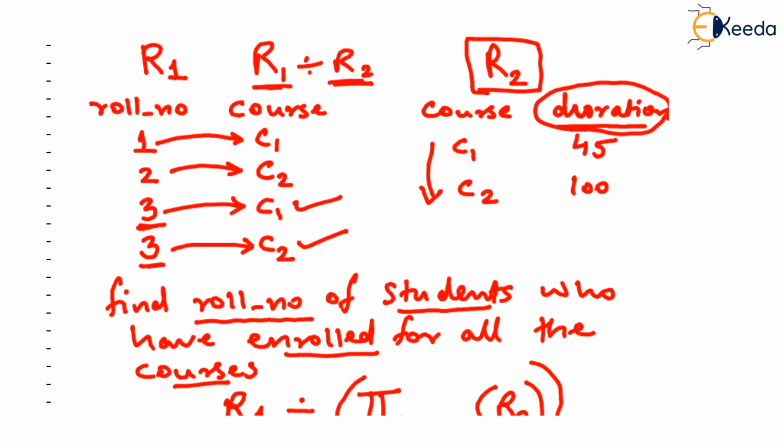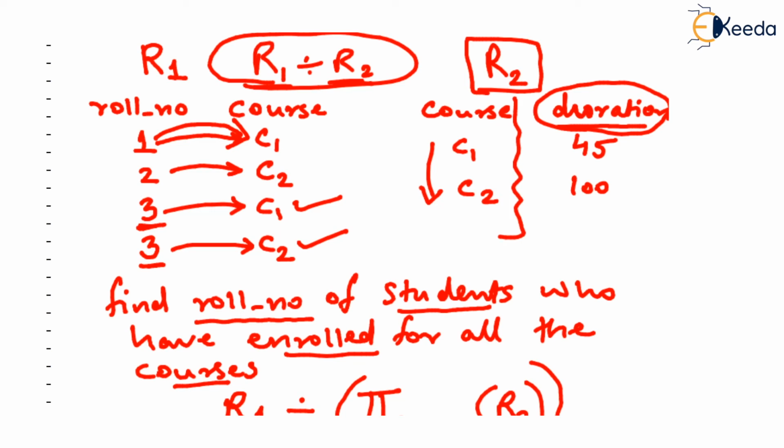So what? We are interested only in matching roll number with courses. We are not interested in duration as far as this problem is concerned. So we can do a project operation on R2 and pull out only this column. I hope you are understanding. Only this column, and then do divides.